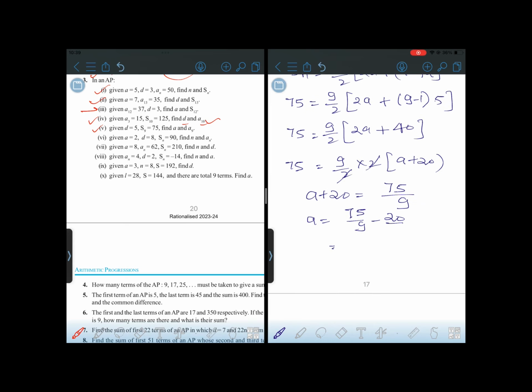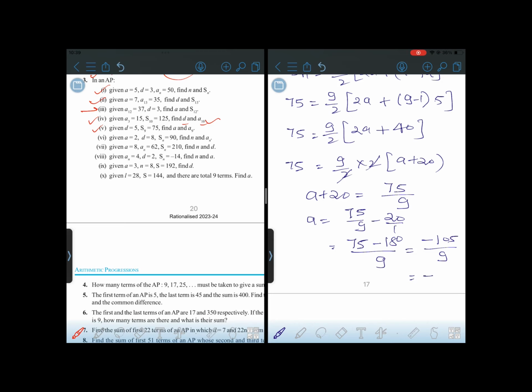So now once you take the LCM of these numbers, you get 9, and here you get 75 minus 180, and that will give you minus 105 upon 9, and then the value will not be a full number.